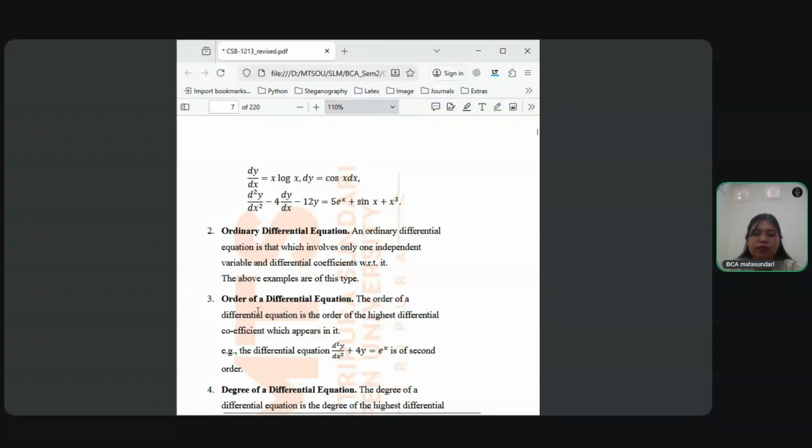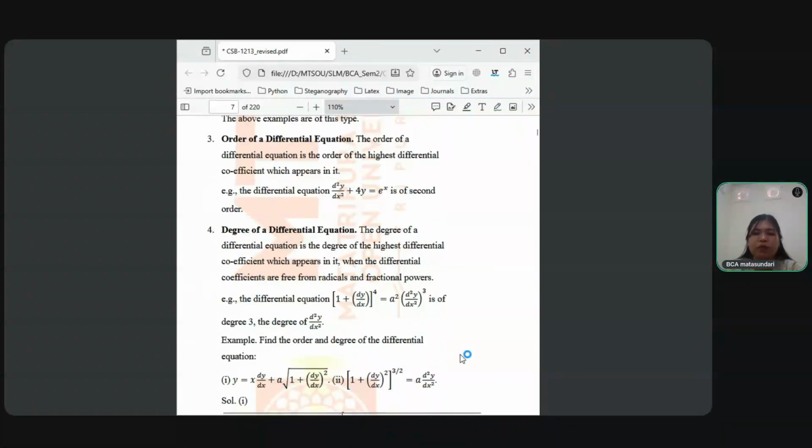Moving to the next definition, the order of a differential equation. The order of a differential equation is the order of the highest differential coefficient which appears in it. For example, the differential equation d²y/dx² plus 4y equals e^x is of second order.